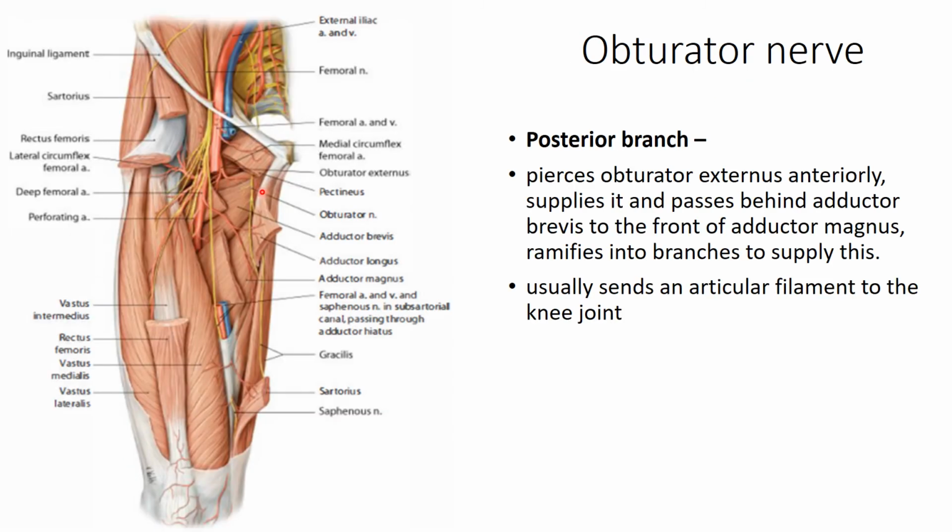Now the posterior branch pierces the obturator externus and supplies it, then passes behind the adductor brevis and just in front of the adductor magnus, and then it ramifies into multiple branches which supply the adductor magnus. From this, a terminal twig remains, and it descends up to the knee joint. So it gives an articular branch to the knee joint from the posterior branch.